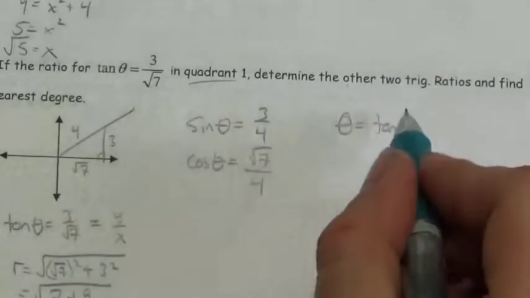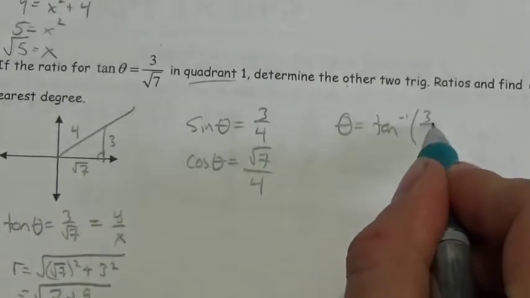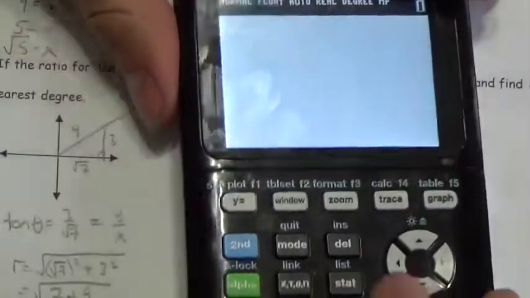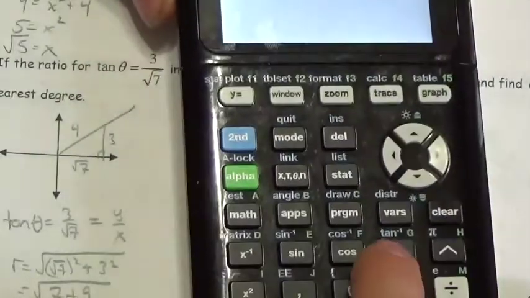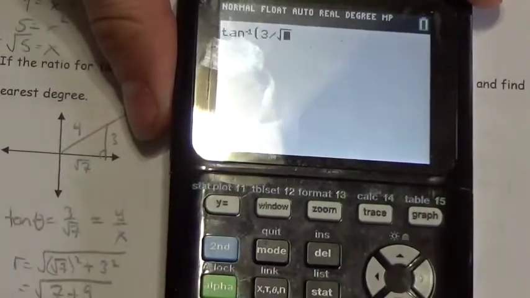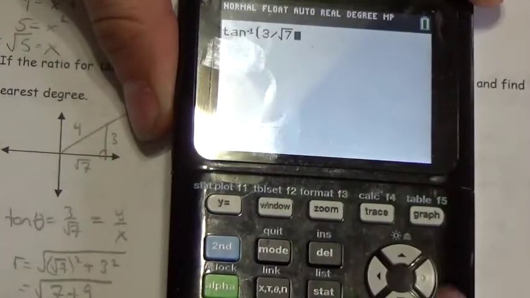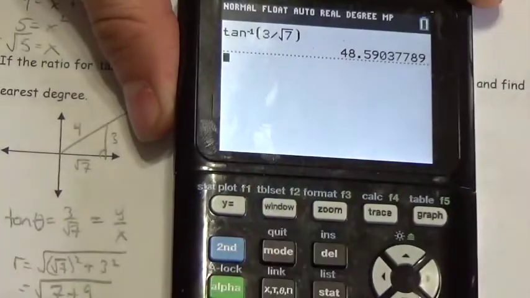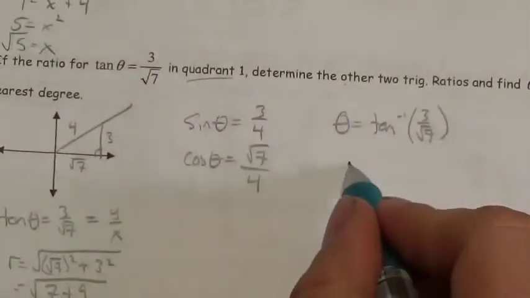So I'm going to use the inverse tangent of 3 over root 7. Go to my calculator. So second tangent, 3 divided by the square root of 7. Okay, and rounded to the nearest whole, I'm going to get 49 degrees.